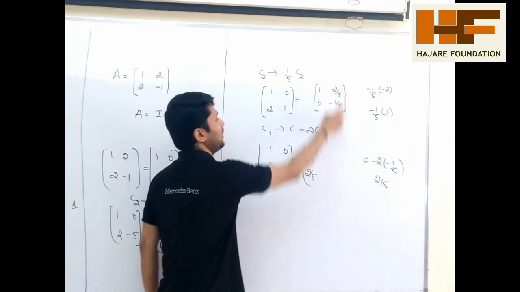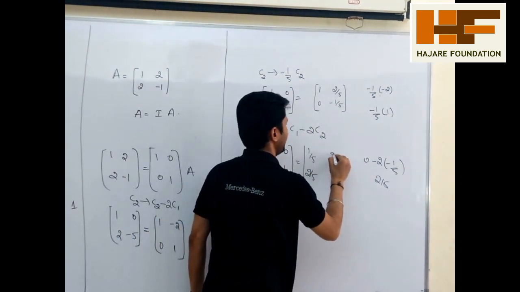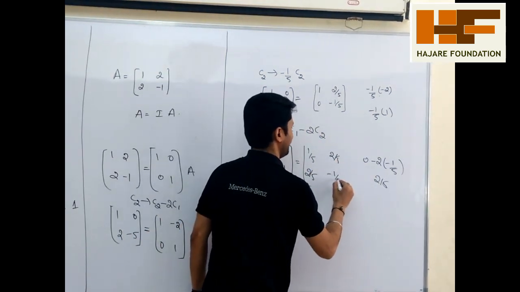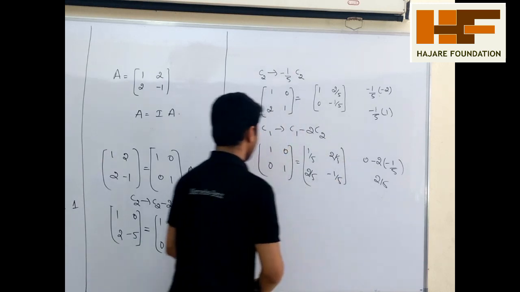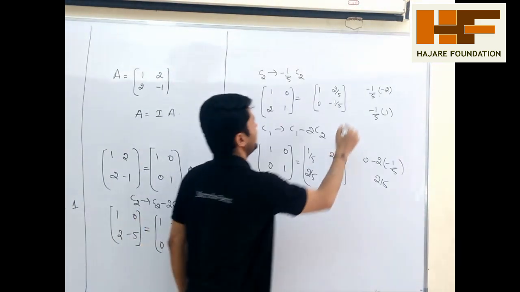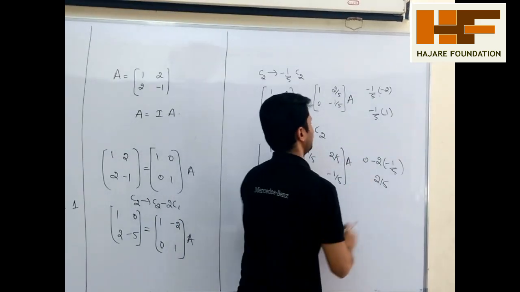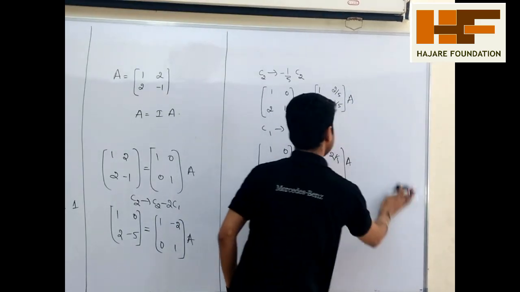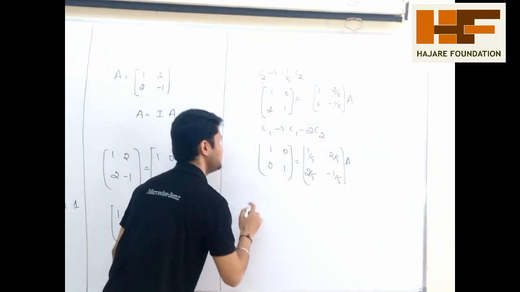Next, write the second column down as it is: 2 by 5, minus 1 by 5. The remaining term is A, so write down A and send this A to the LHS.